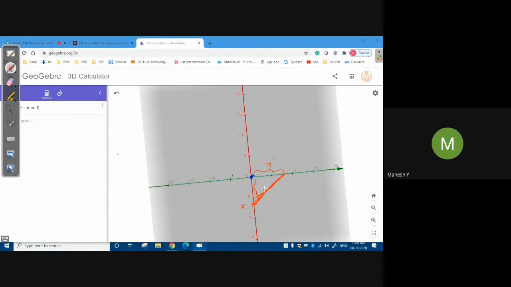The length. Anyone is there? What is this length?